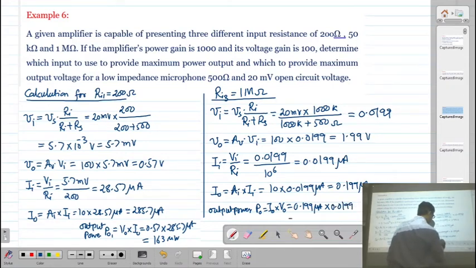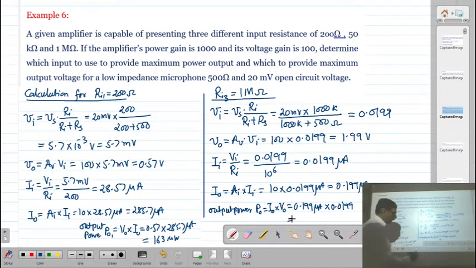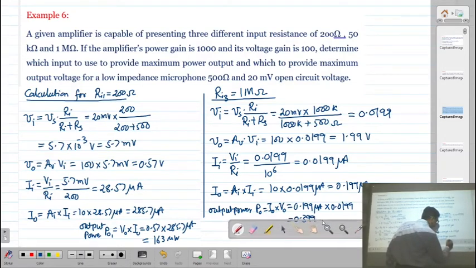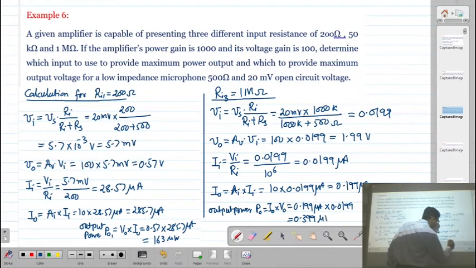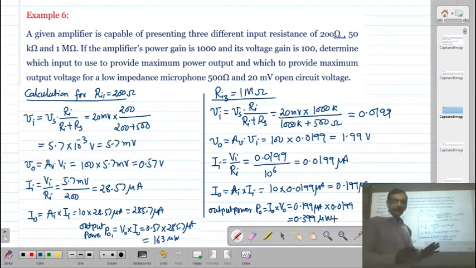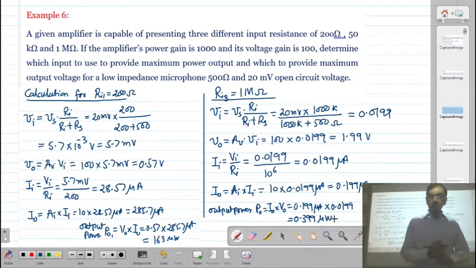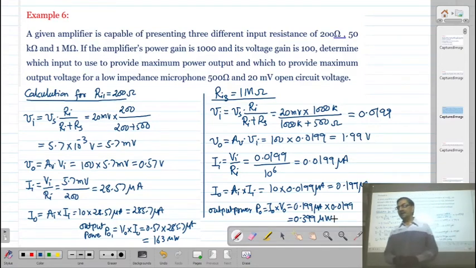Okay? And this output power comes out to be 0.399 microwatt.